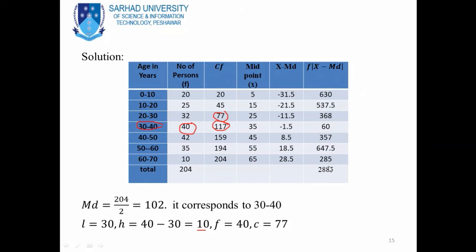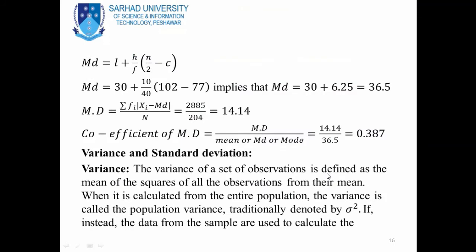Now the sigma of this column, the sum of this column, is 2885. So the mean deviation according to the median in group form: you see over here, this is the formula, sigma fi into the absolute value of xi minus the median, divided by total terms.